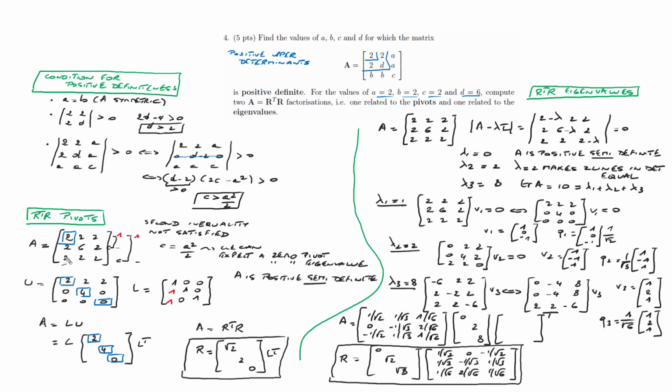We have to create zeros over here using elementary operations that you see over here. Remember that you have to use this convention with a minus sign over here so that you can use these multipliers to construct the L matrix, right? The multiplier is simply obtained by taking the element to eliminate divided by the pivot.